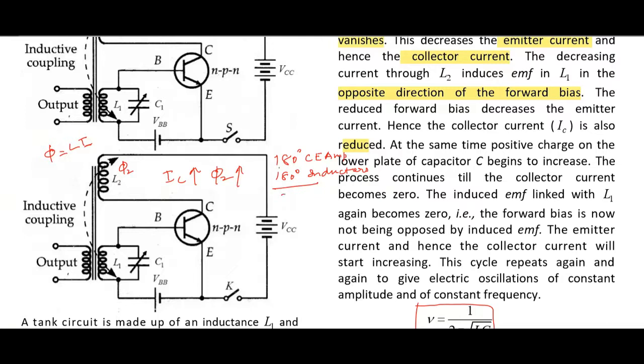Total phase difference is 360-degree. 360-degree means they are in phase.